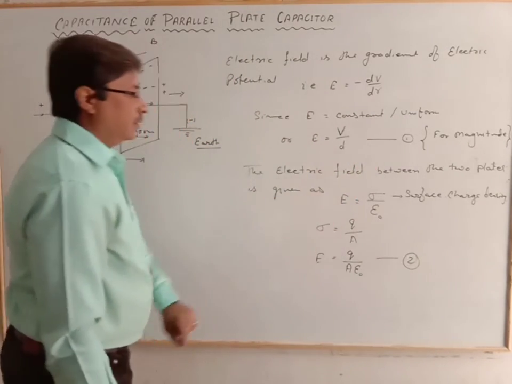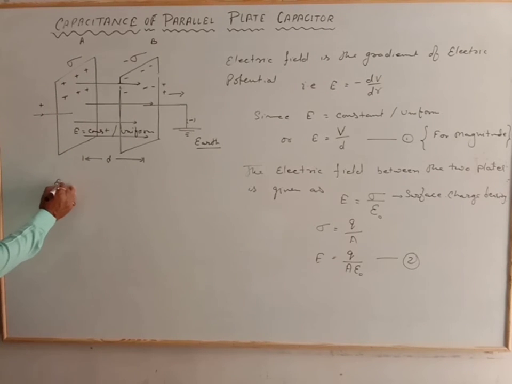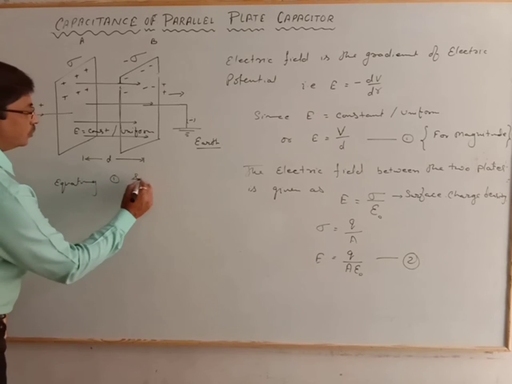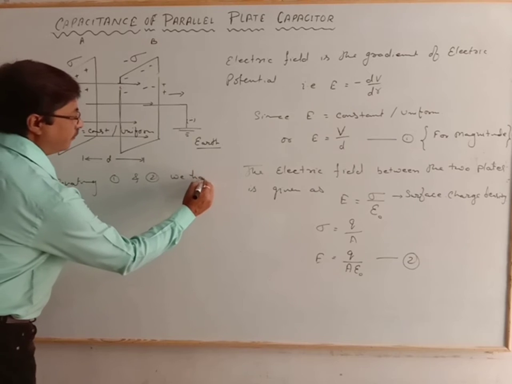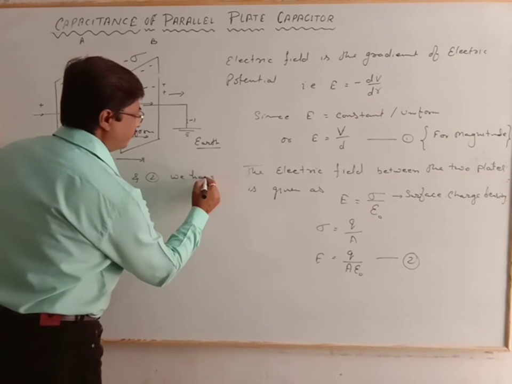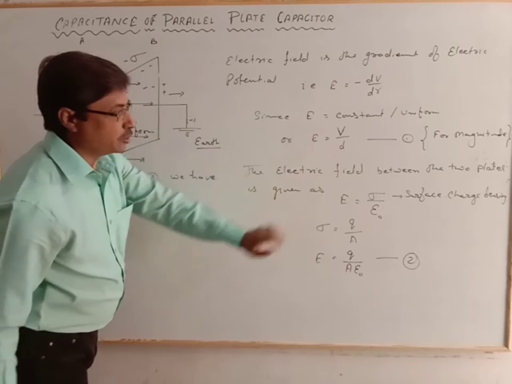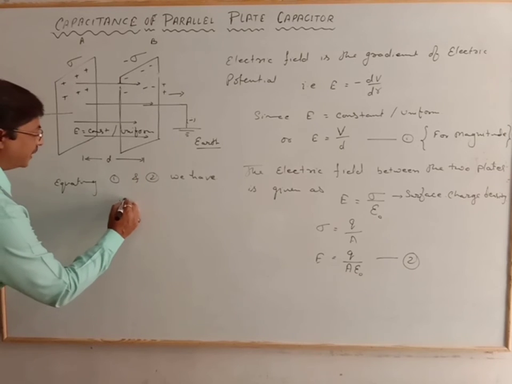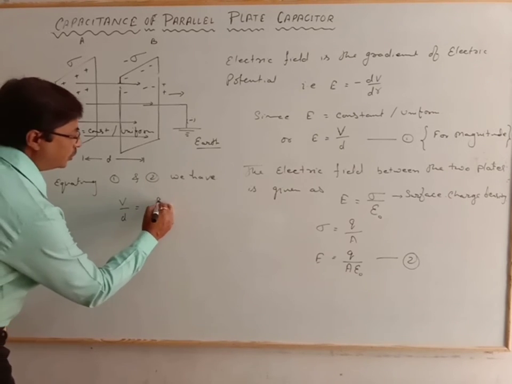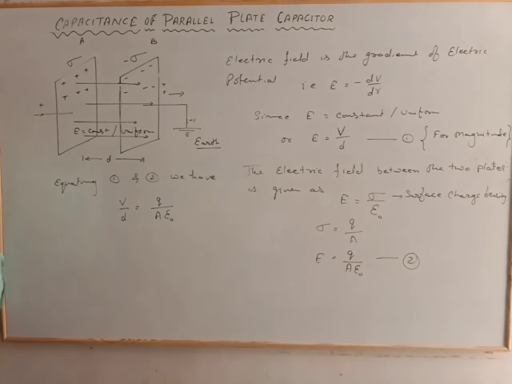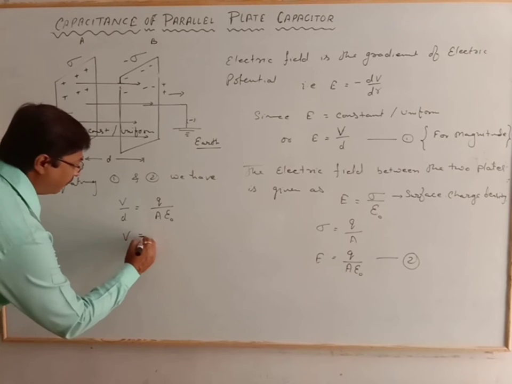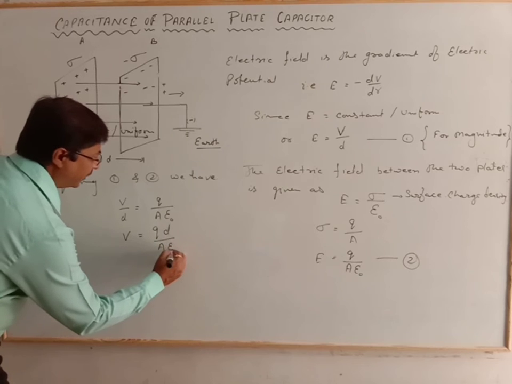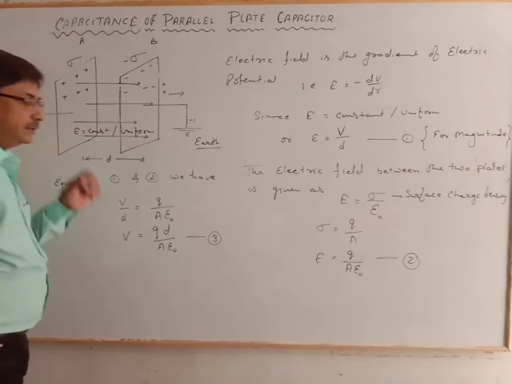Now equating equations 1 and 2, we have E is equal to V by D, that is, V by D is equal to Q by A epsilon naught. So the potential of the plate becomes V equals Q D by A epsilon naught, and that is relation number 3.